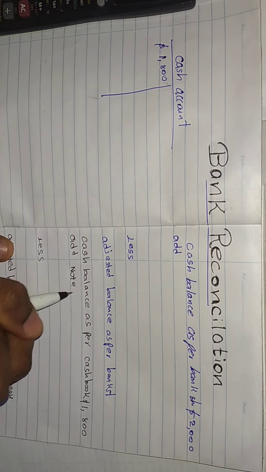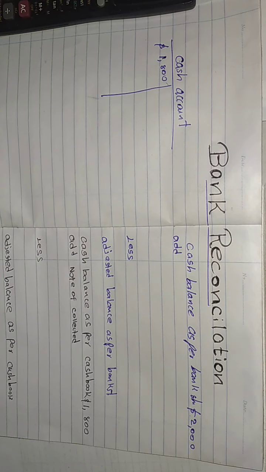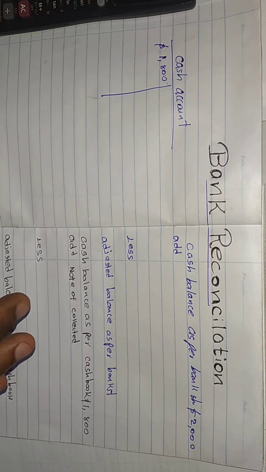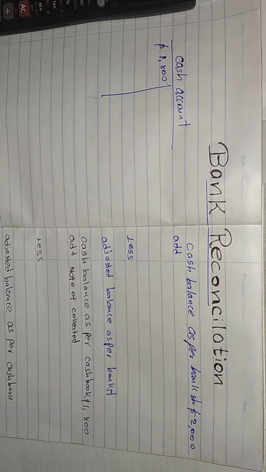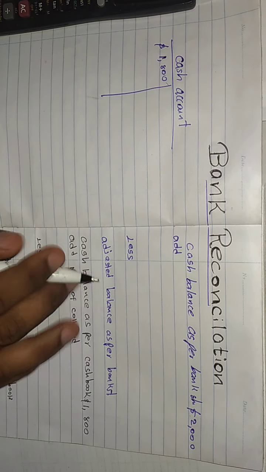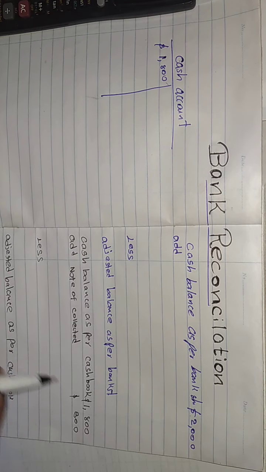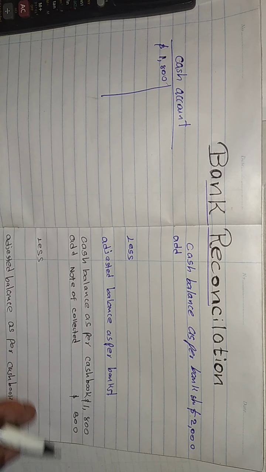The bank collected a note from one of our customers. Instead of the customer sending us a check in the mail, it sent it directly to our bank, and the bank then deposited it to our account. The note that was collected, the amount was $300, and we are going to add that to our general ledger cash account.